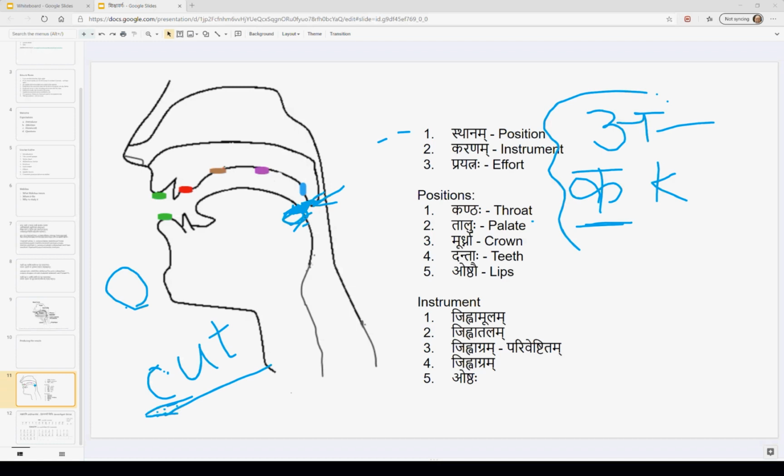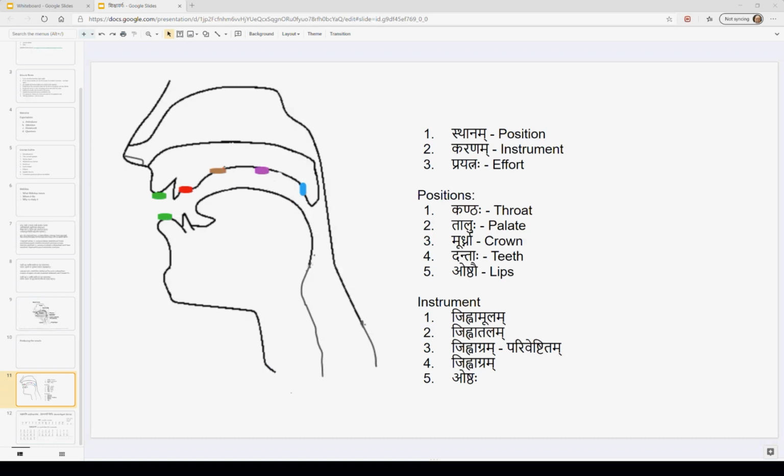So there is no actual touching of the tongue in any way in the mouth. Am I right with that? Yeah. For a there is no touching of tongue anywhere in the mouth, including the root of the throat here. Yeah. Back of the throat.